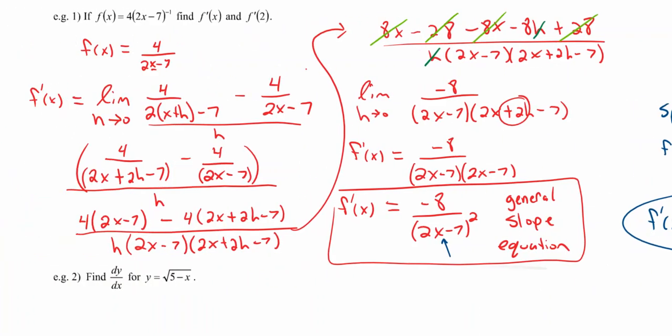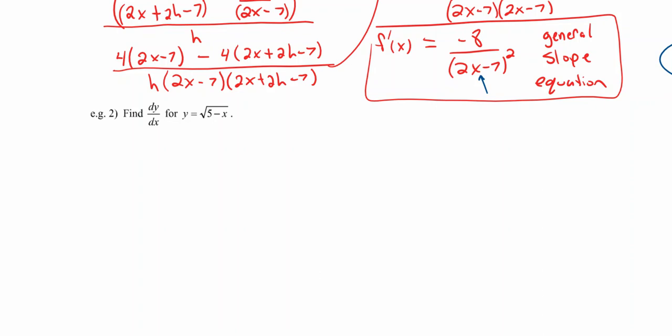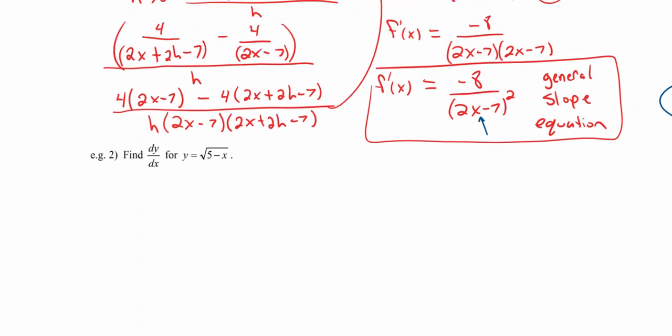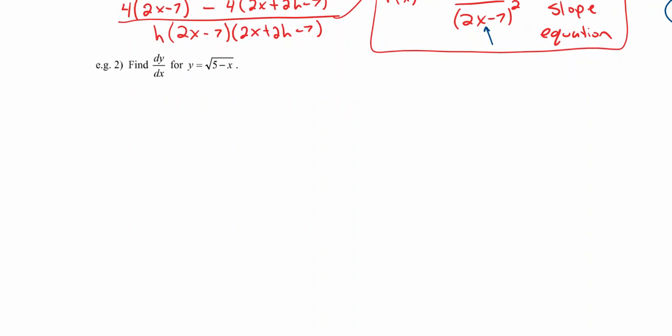All right, let's do another. Find dy dx for y is equal to the square root of 5 minus x. Okay, so again, dy dx means the derivative of y with respect to x. I'll get more into that later, but for now, we'll just picture it as the derivative, okay?